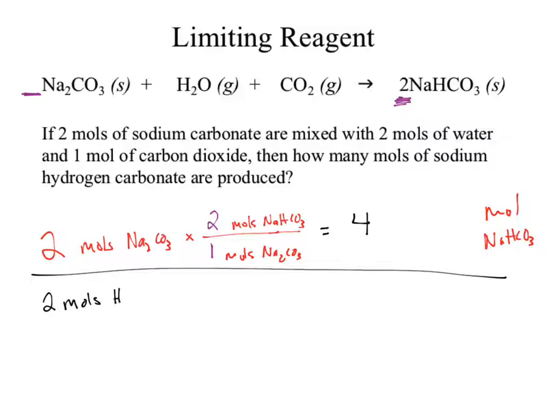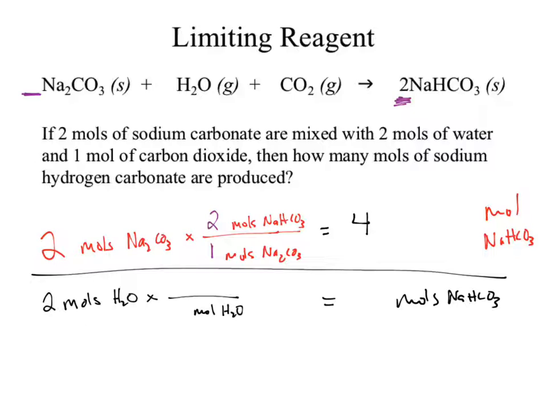2 moles of water. And I need to convert this now into moles of sodium hydrogen carbonate. To do that, I need a conversion factor. That conversion factor, moles of H2O, needs to be on the bottom so that the moles of water cancel out.